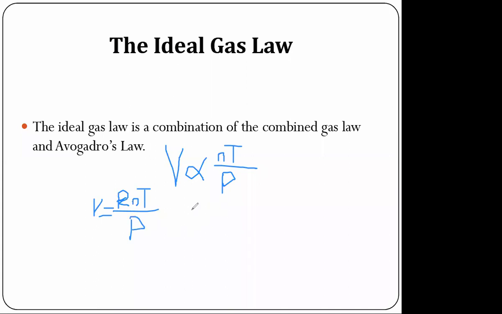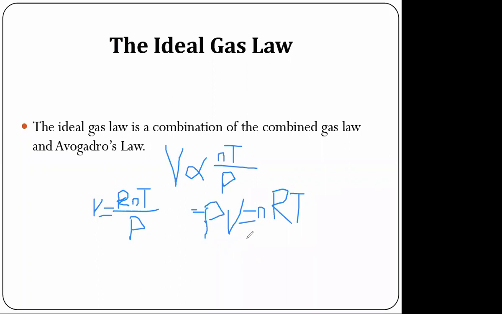So we can simply then say that PV is equal to N R T. So this is the ideal gas law.